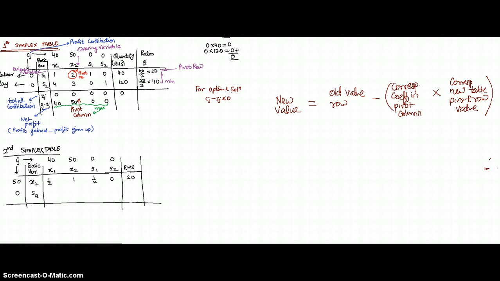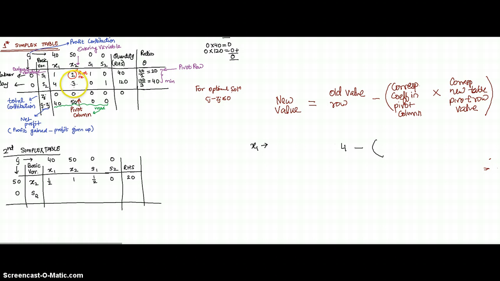Now let's see how to calculate it. Suppose we want to calculate the value under this x1. So in this rule, if we apply it for x1, for the old row value we are looking at this value. Check the position here. The number here is 4. It is 4 minus the corresponding coefficient in the pivot column. This is the pivot column. The coefficient is 3.